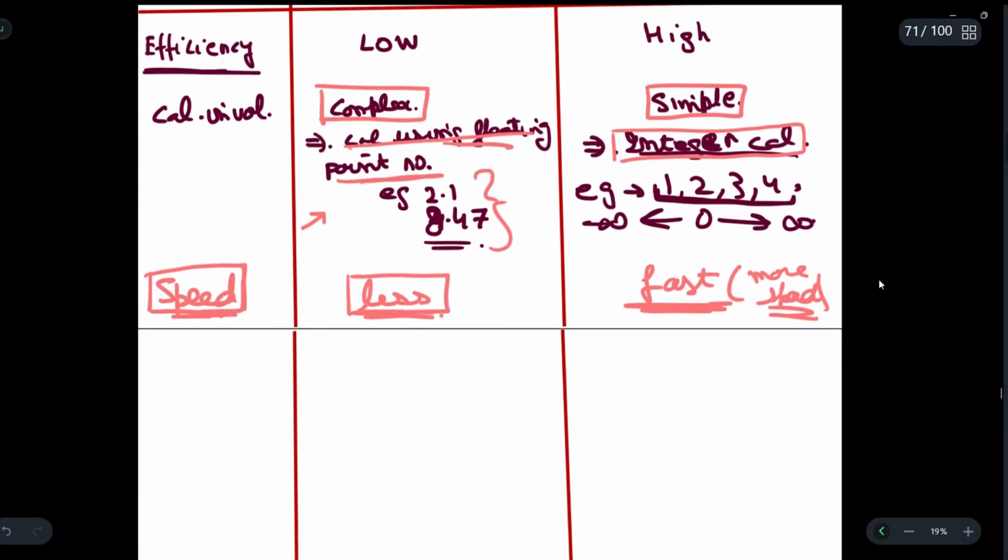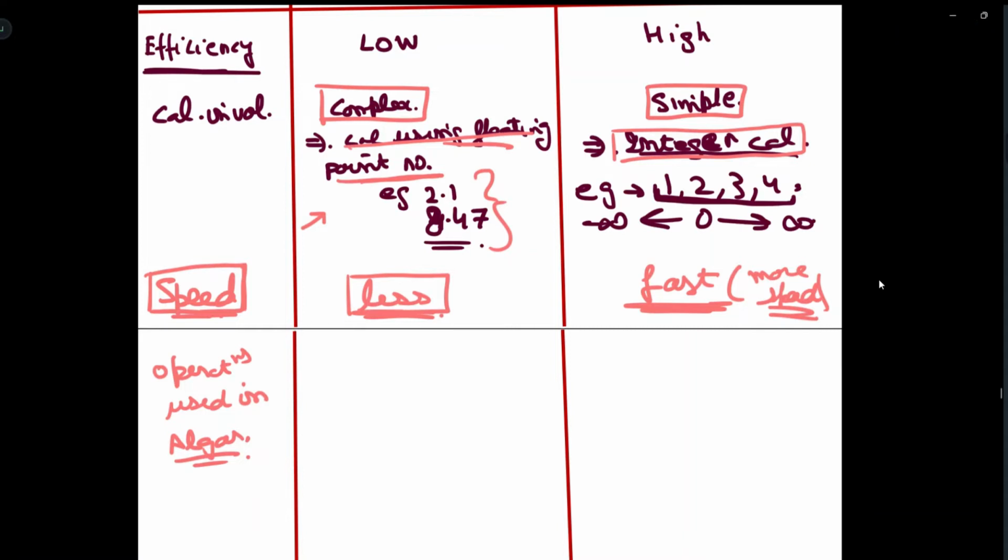So now let us see the operations used in the algorithms. Now in DDA algorithm we use two operations, that is the multiplication and division.